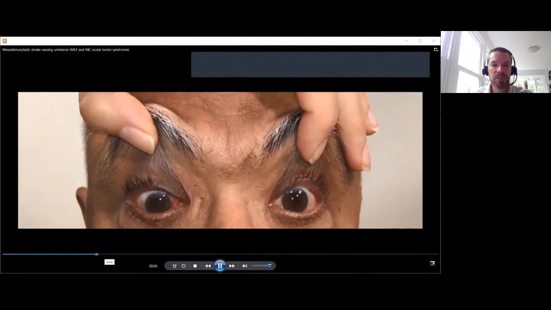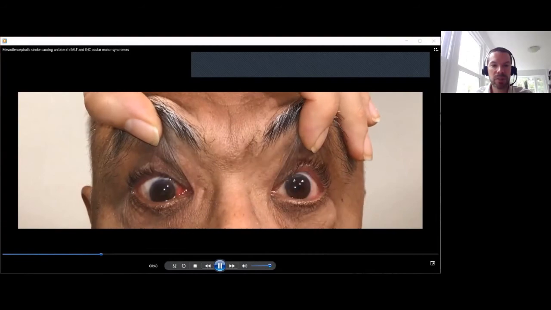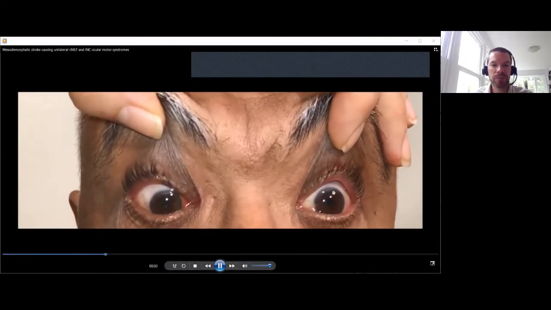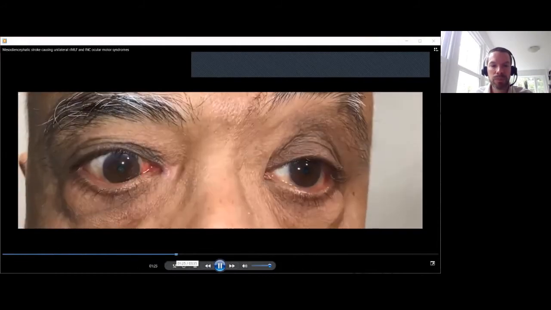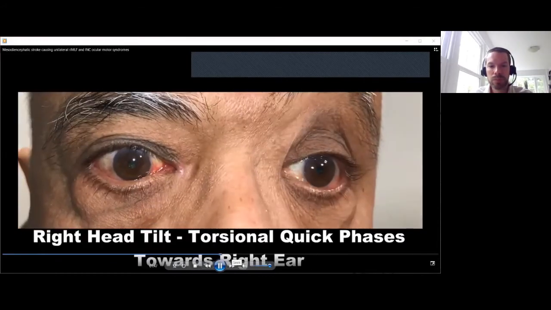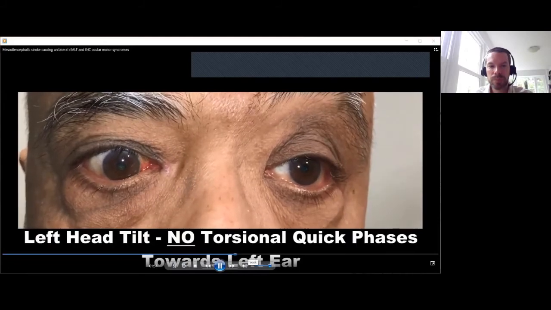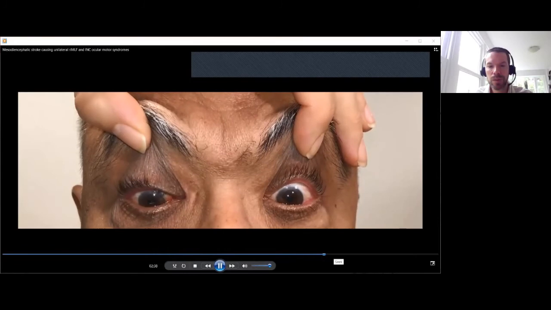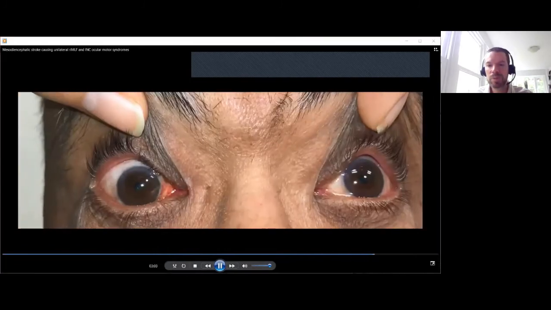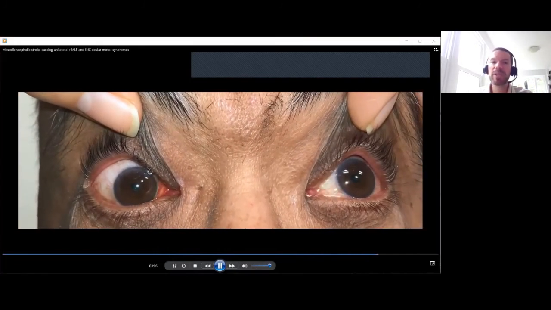He's got vertical gaze evoked nystagmus, downbeating in down gaze, upbeating in up gaze. So this patient actually had an RI-MLF syndrome in addition to an INC lesion, both syndromes. So his nystagmus was a little bit complicated. So I'll just stop there.